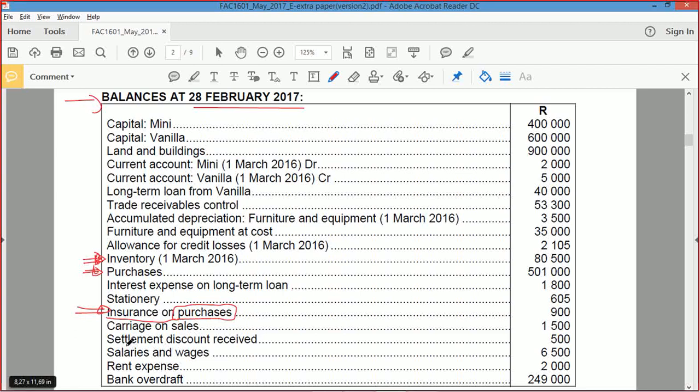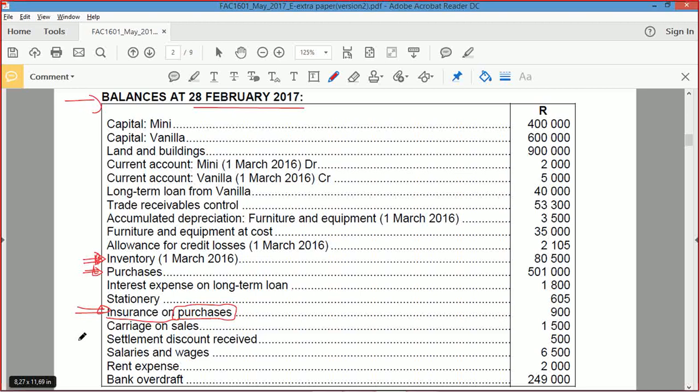Settlement discount received, what is it? It's asset. No, it isn't. Received. So you are the debtor. No, you're the creditor. If you're receiving, think about it. When will a settlement discount received account occur? When there's allowance.